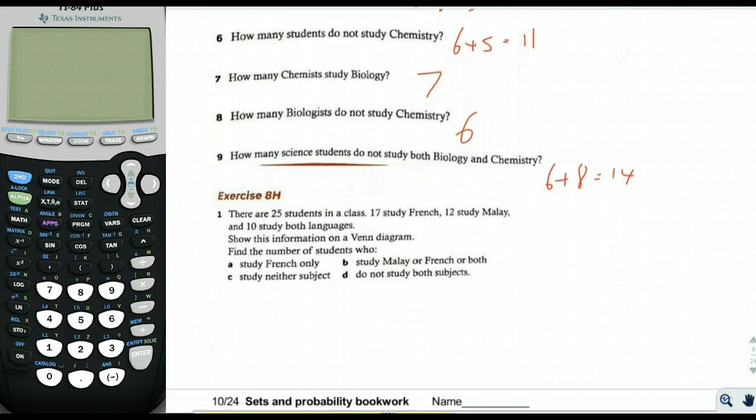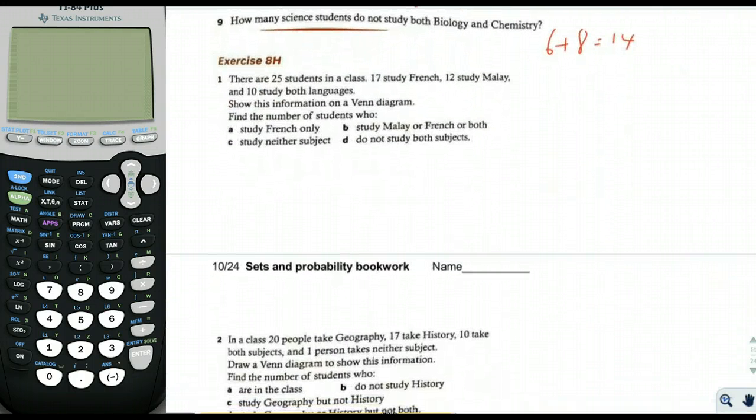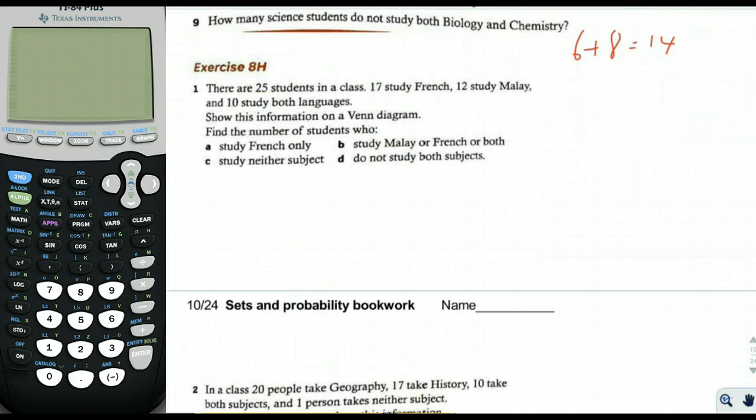Okay? Moving on. There are 25 students in a class. 17 study French, 12 study Malay, and 10 study both. So we're going to draw a Venn diagram to illustrate this.